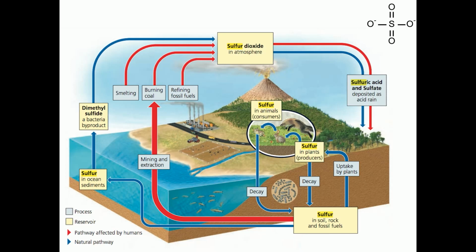But it's important to remember the general scheme of biogeochemical cycling that we started with several videos ago. Remember that this is the process by which nutrients and elements and atoms move from the living realm to the non-living realm, from the atmosphere to the biosphere to the hydrosphere to the lithosphere.